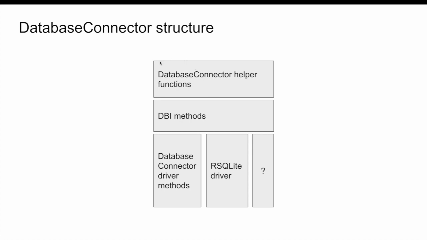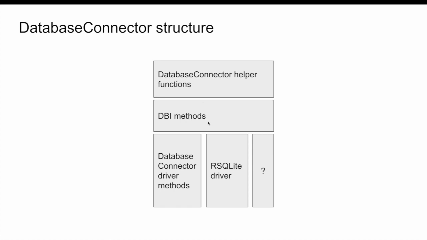And it also has a number of helper functions. But what I'm trying to do here is make sure that all of the queries that we use through the database connector pass through this DBI interface.